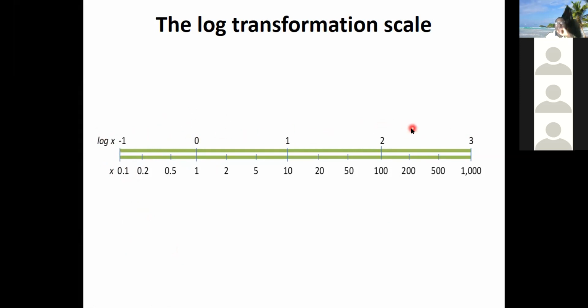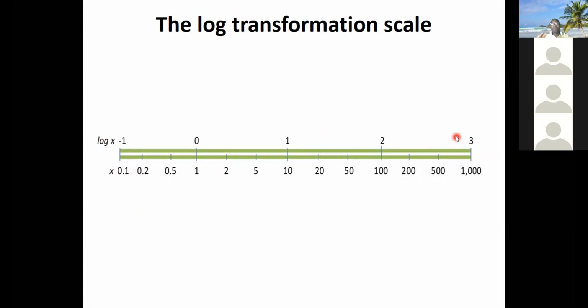You see, the difference between each of them is 1, 1, 1 in log scale. But the corresponding value in ordinary scale, look at from 2 to 3 is 1 in log scale, the difference. But look at the corresponding value in normal scale, 100 to 1000.